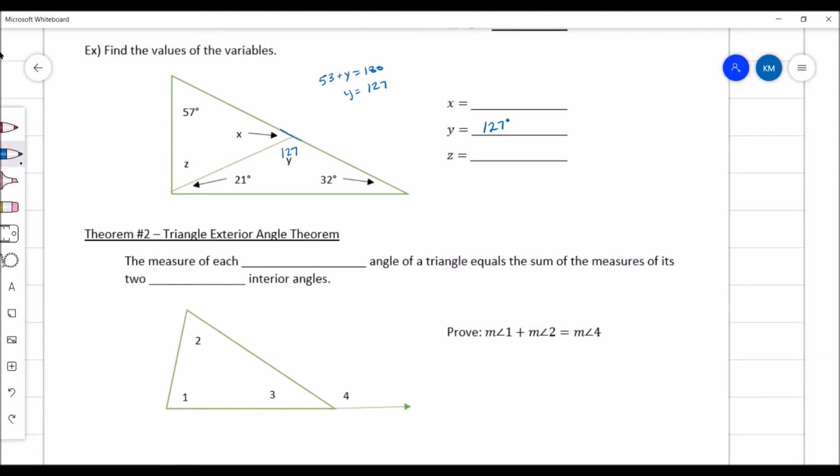And so again, I can see that these two angles add up to 180. They're supplementary. So I use a different color just so we can mark it and see where the work came from. So for x then, we can say, okay, x plus 127 is 180 degrees. And that's because, again, they're linear pairs. And so that gives us 53. So x equals 53 degrees.